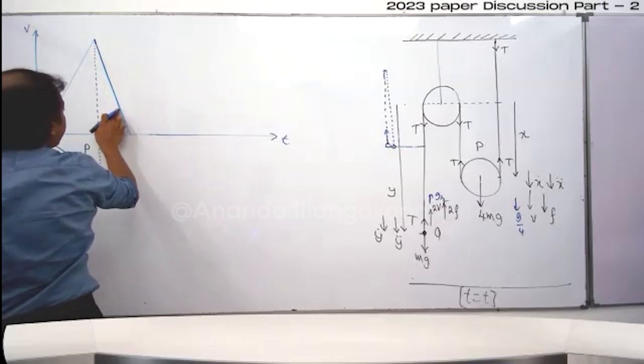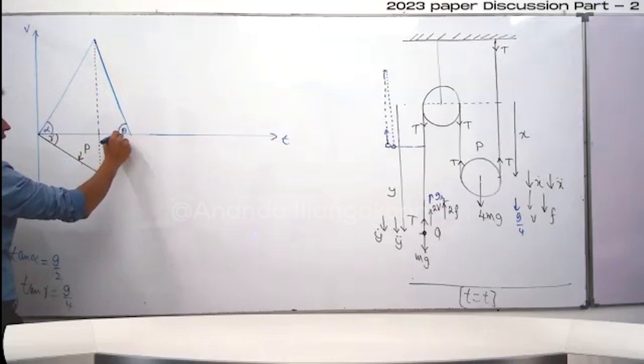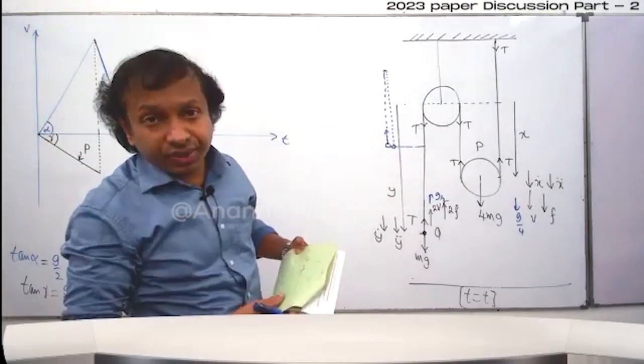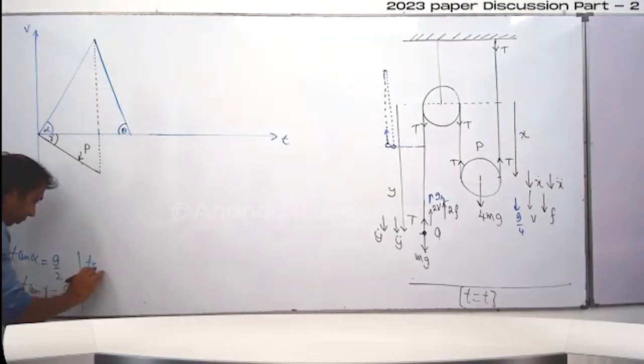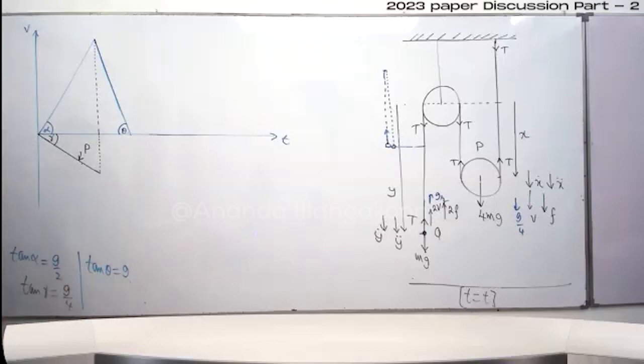If I take this angle as theta, tan theta gives us what? While the particle is moving upward, its retardation is g. Then tan theta is g, right? Okay. It's also correct.